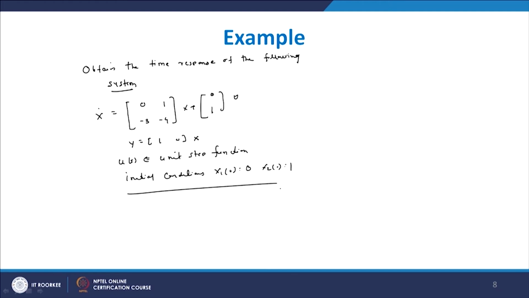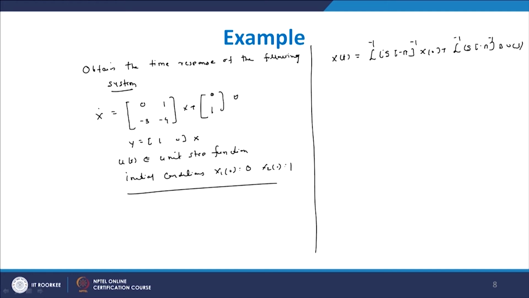We have seen earlier how to get x of t: x of t can be written as Laplace inverse of (sI minus A) inverse x naught plus Laplace inverse of (sI minus A) inverse B into u of s. That is the basic calculation involved here, (sI minus A) inverse.